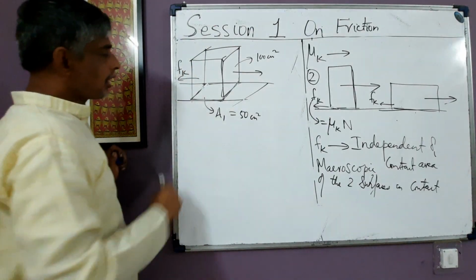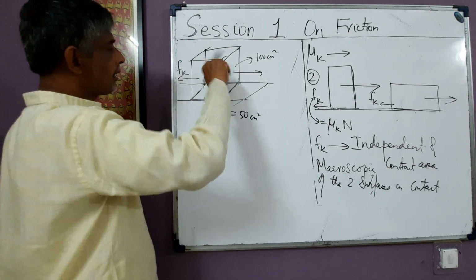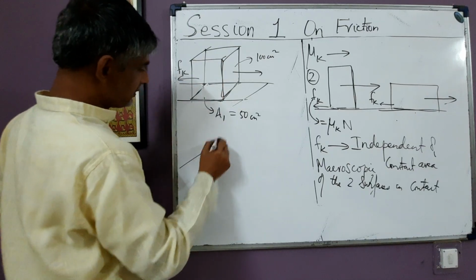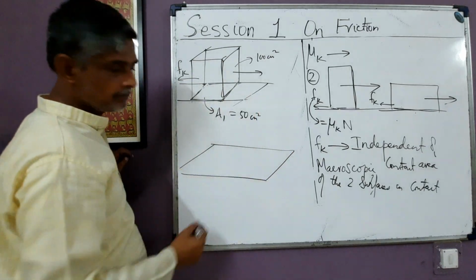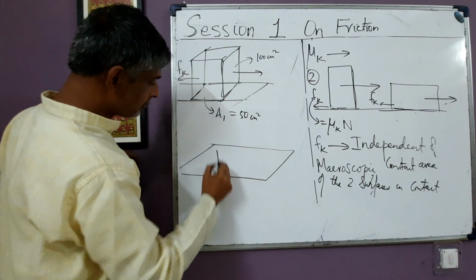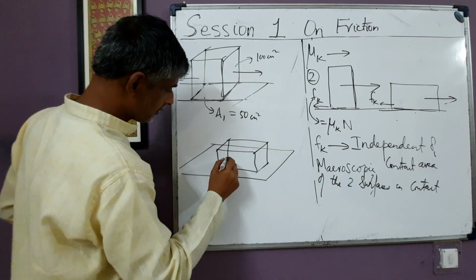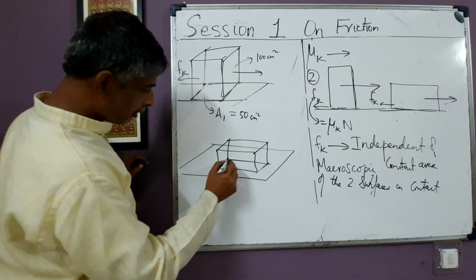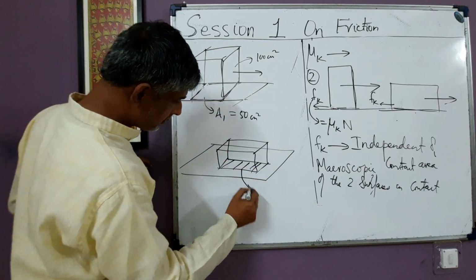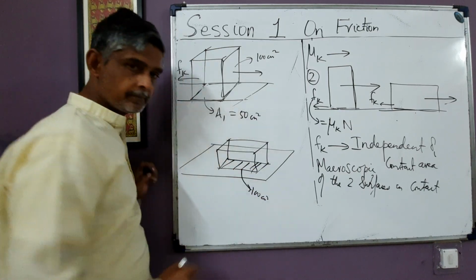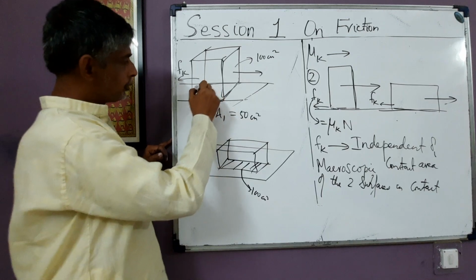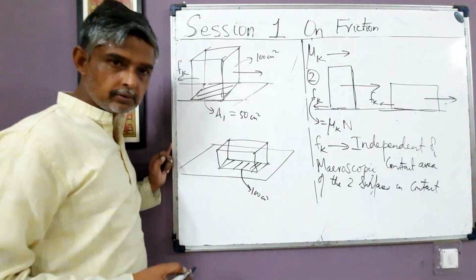Now I rotate this body, same table surface here as was here. I rotate this body like this. Now the macroscopic contact area is 100 centimeters square. In the earlier case, the macroscopic contact area was 50 centimeters square.